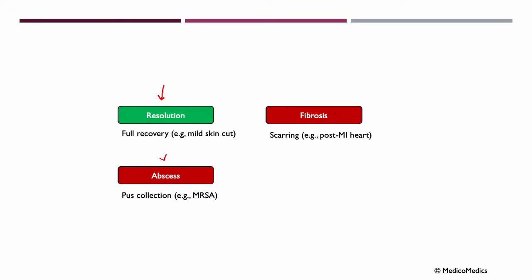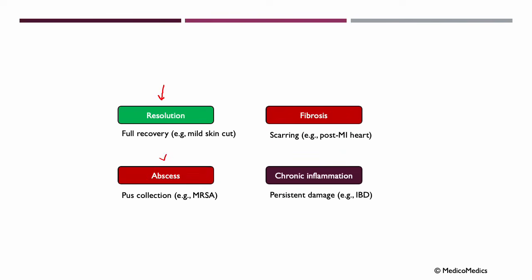After a myocardial infarction, for example, dead cardiac muscle is replaced by scar tissue, which restores structure, right, but not contractile function. This type of healing prevents rupture, which is good, but can lead to long-term organ dysfunction, such as heart failure or restrictive lung disease, etc.